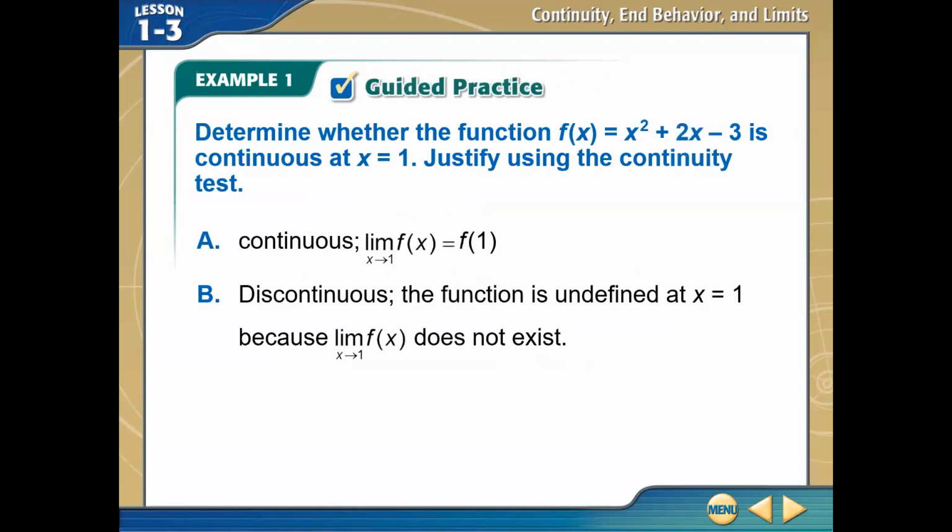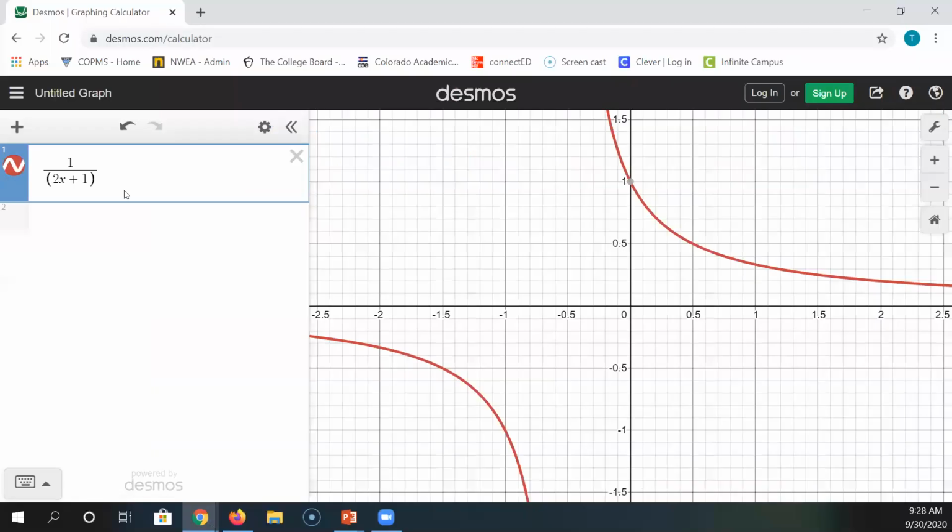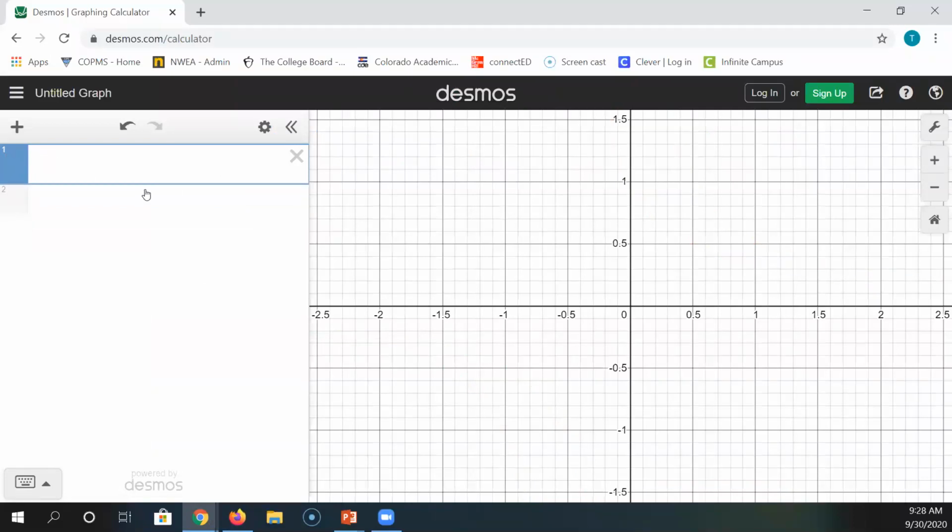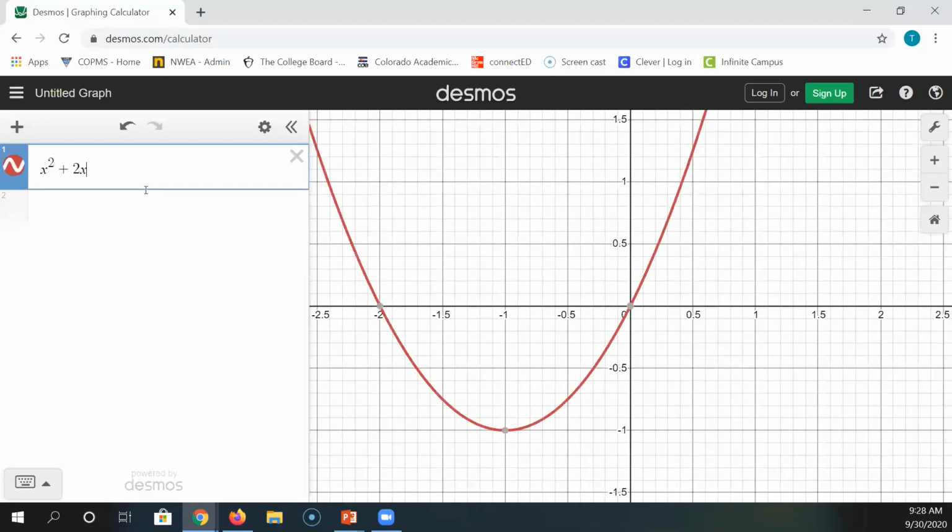So here we have another one. We have x squared plus 2x minus 3. Once again, the first thing I would do is plug it in. So x squared plus 2x, right?